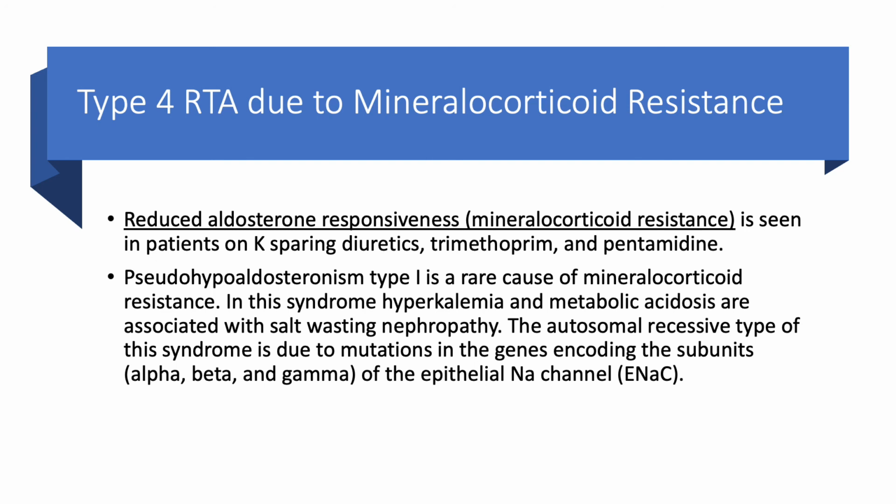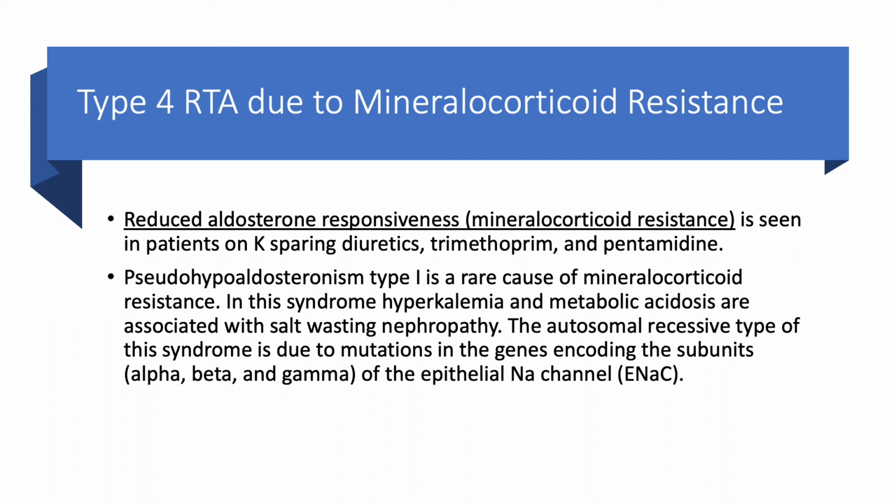Someone maybe with a little bit of chronic kidney disease, you start them on Bactrim for a urinary tract infection, and now they have hyperkalemia. Why? Because of trimethoprim. Why? Because it blocks the epithelial sodium channel. So what? Then again, sodium doesn't go in, so potassium will not go out, and you end up with hyperkalemia. Pentamidine does the same thing.